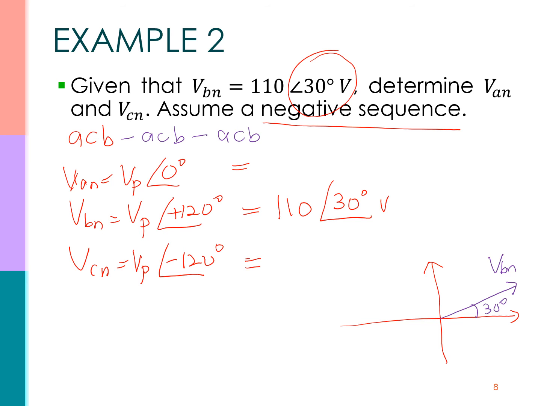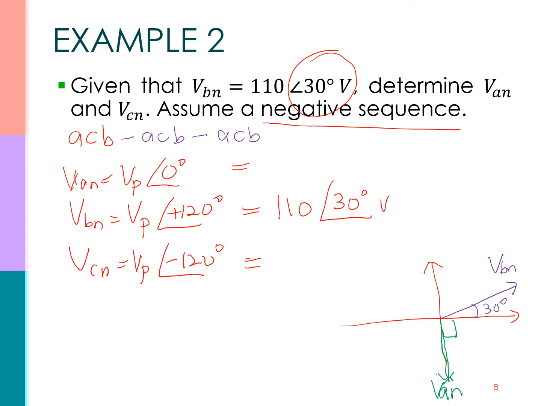So the difference is 120. So 120 minus 30 degree is 90 degree. Okay, so the location of VAN is here. This is VAN.